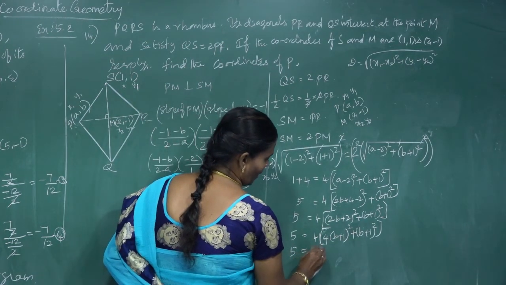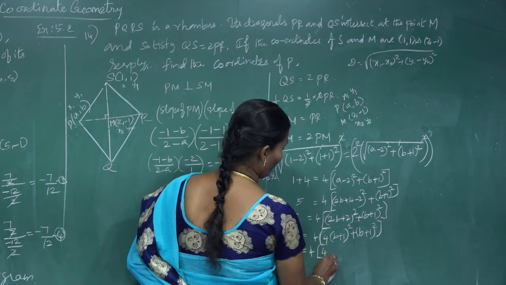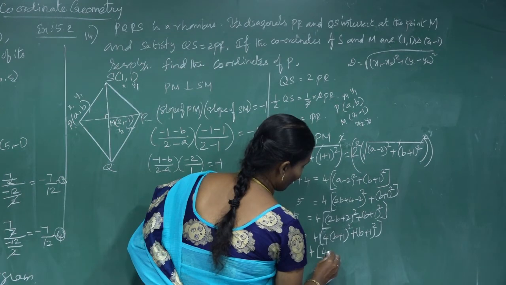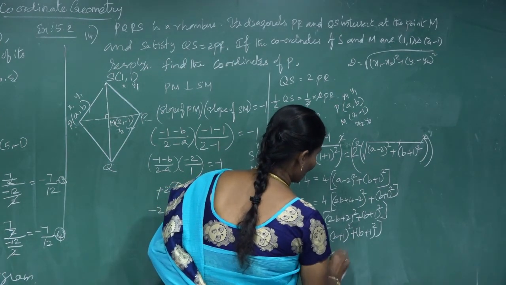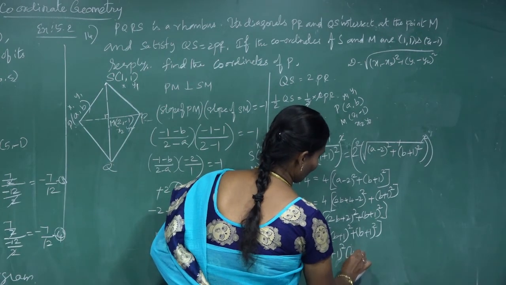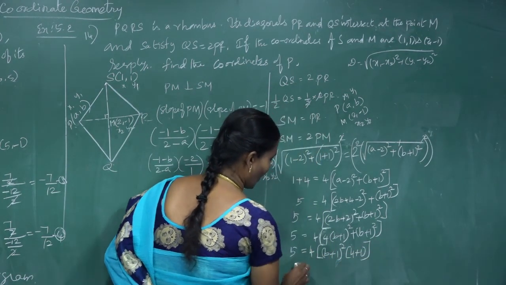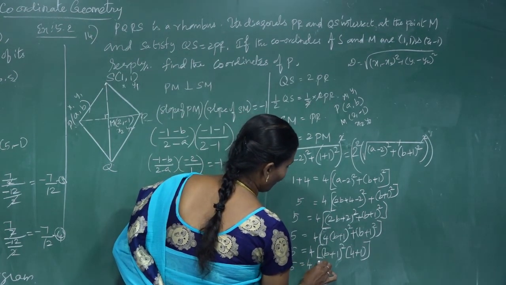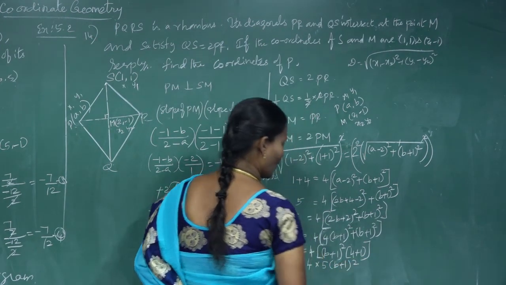So 5 is equal to 4 of, (B plus 1) the whole square you take outside. So here comes 4 plus 1 is 5. So 5 is equal to 4 of 5 of (B plus 1) the whole square.